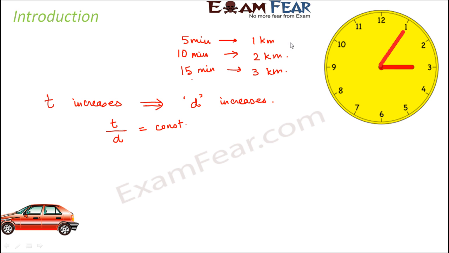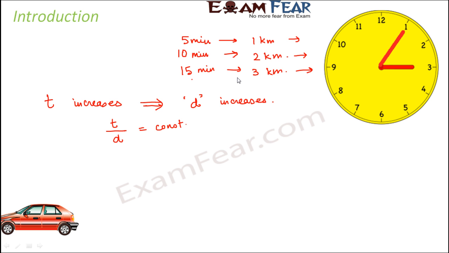If you look at these values, these are just some simpler values. You would see that the ratio is always the same in all the three cases. Whether you find the ratio of distance by time or time by distance, the ratio is the same. The ratio of time to distance is 5:1 in all the three cases.